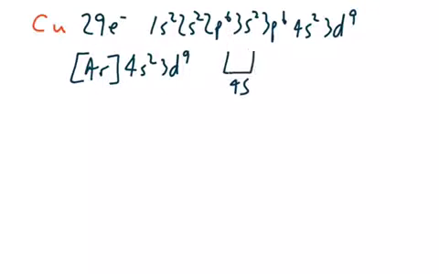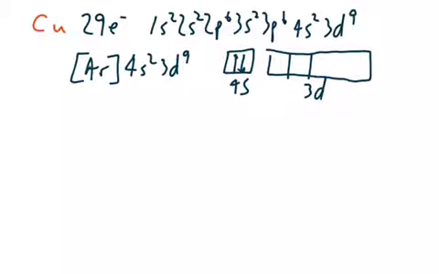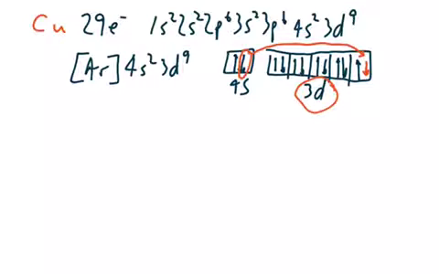Now the same thing's going to happen. I'm going to illustrate that there are 2 here, and then when you use Hund's rule, and remember there are 5 boxes for the d orbital, you fill them in: 1, 2, 3, 4, 5, then 6, 7, 8, 9. Now you might be wondering, what's the difference between having 2 over here versus 2 on this side? Well, the electron would rather jump over here. By jumping over here, the 3d level is completely full.